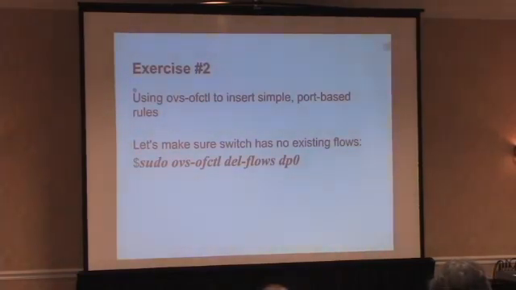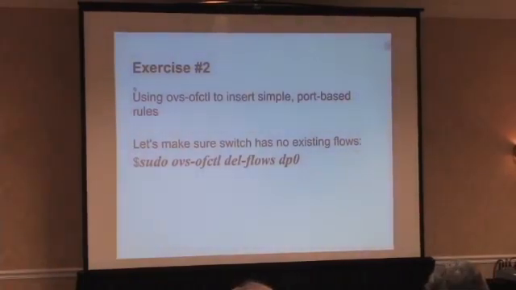There's a keyword add-flow, which says that the next information tells it the flow I want to add. DP0, that would normally be the IP address and port number of the listening port on the switch that's talking OpenFlow. But in our case, it's a named device, so that's DP0. And then the flow we're going to put in is going to have the following properties.